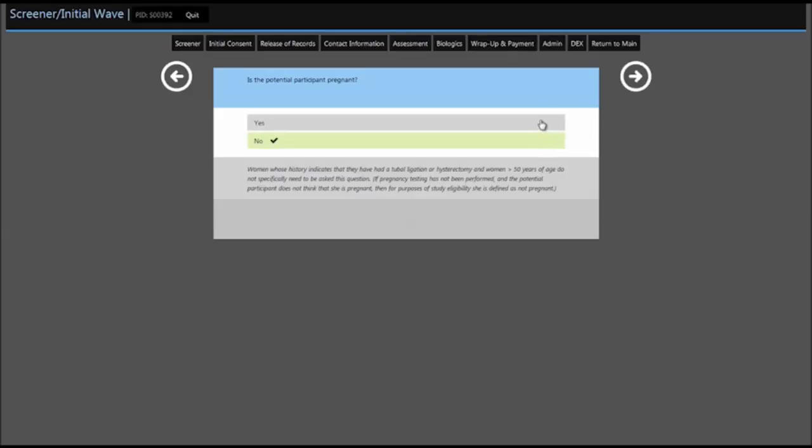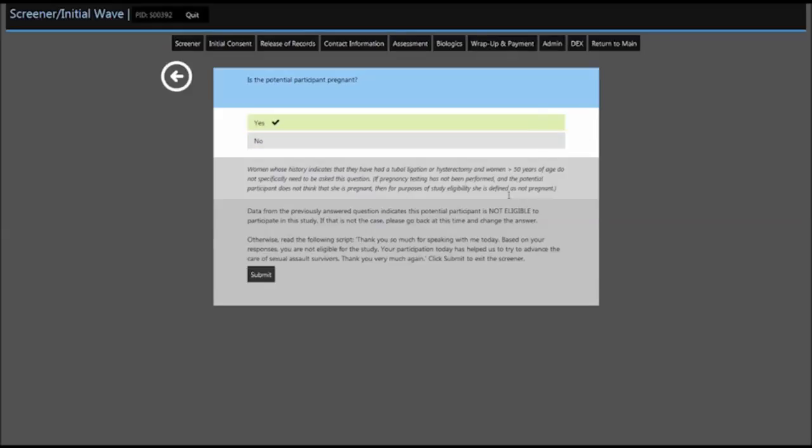And actually, since that happened, this is a good time to point out, if you do answer one of the eligibility criteria questions in a way that makes the person ineligible, the database will give you instructions for how to move forward. So in this case, it tells you they're not eligible, and that if that's incorrect, you can go back and change your answer, which I need to do.